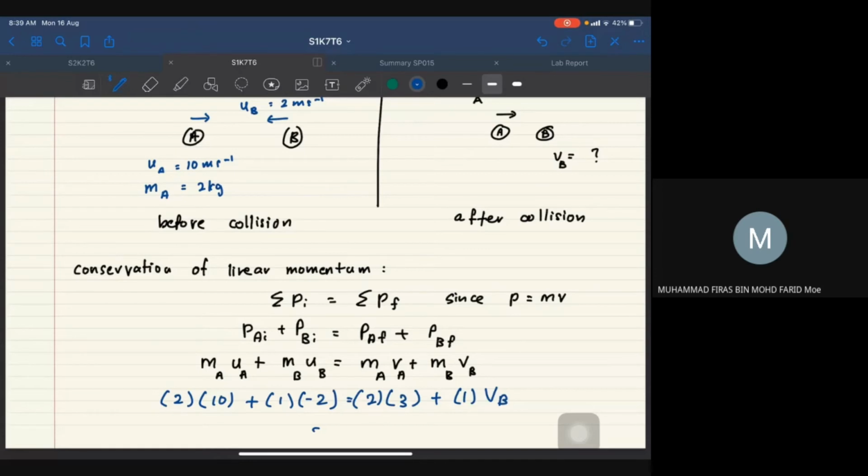Betul tak? So 20, saya kira ni. 20 minus 2, I got 18. 18 minus 6, we get 12. Betul ke tidak?